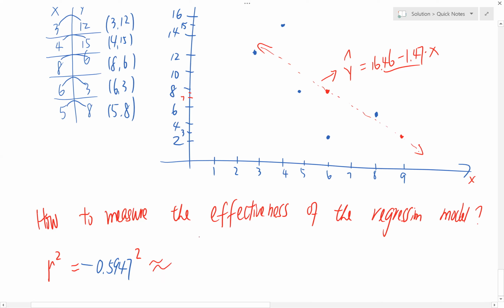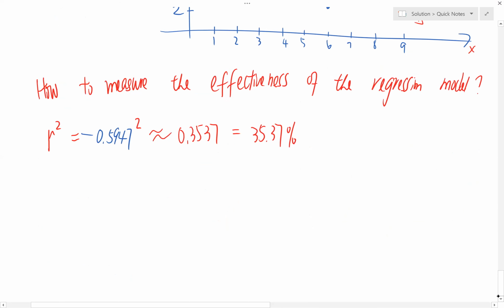Again, we round to 4 decimal places. Negative 0.5947 squared becomes positive, so R squared is always positive, and this turned out to be 0.3537. You turn it into a percentage, so this is actually 35.37%.